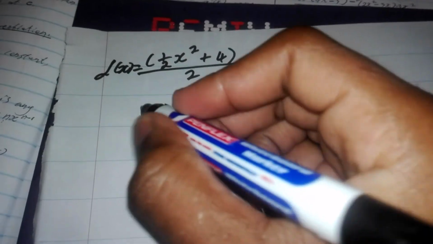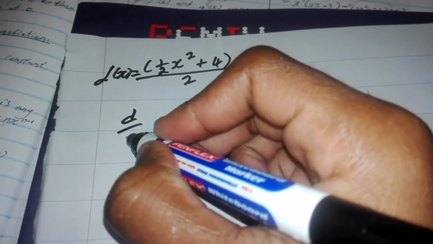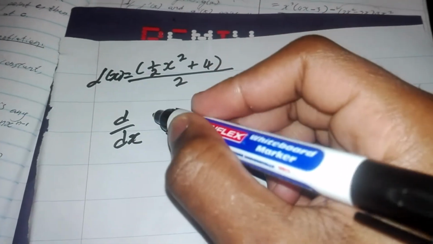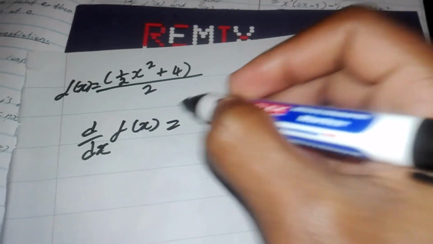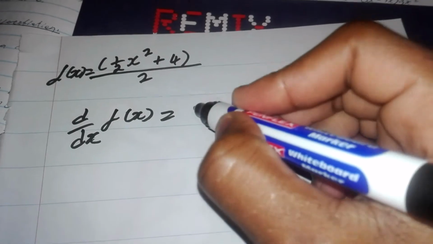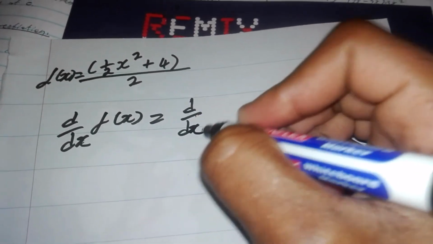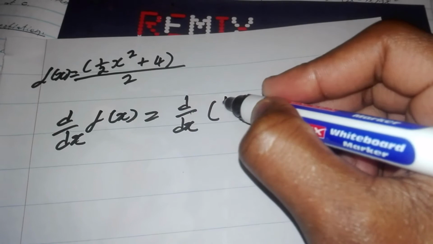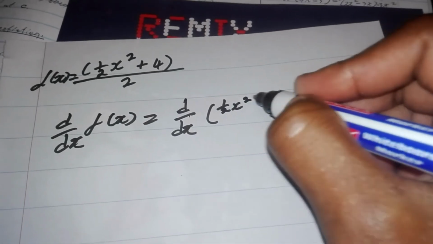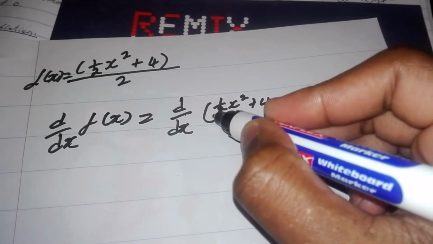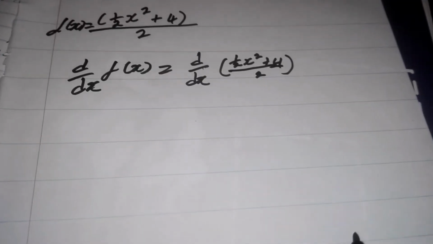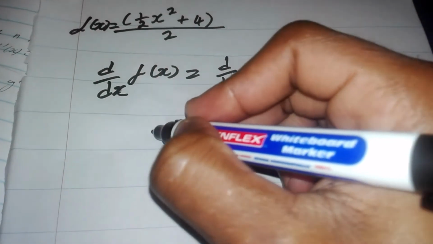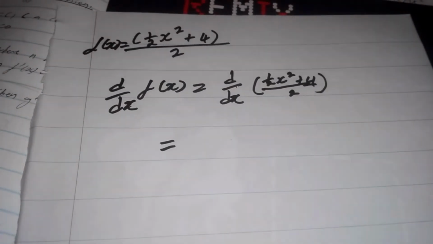So the derivative of this f of x, which is the same as d over dx of 1 over 2 x squared plus 4. So what do we have to do next, guys?